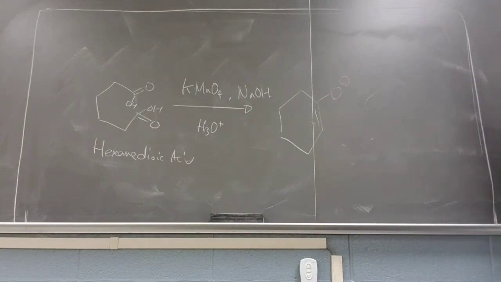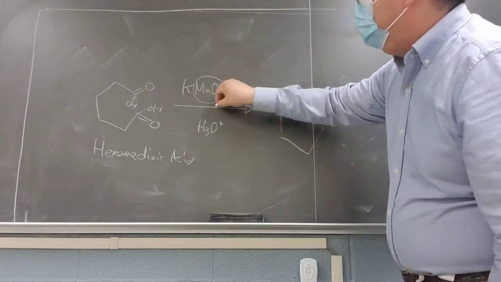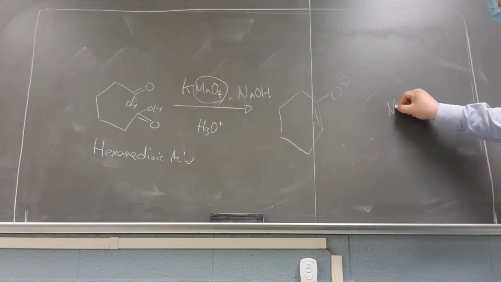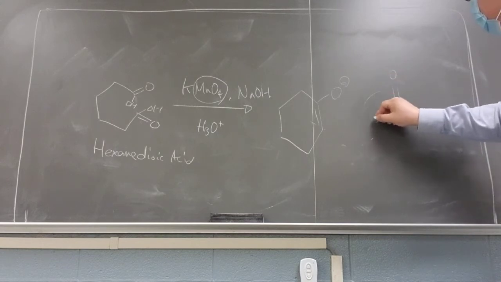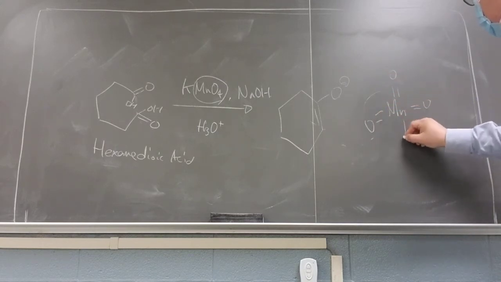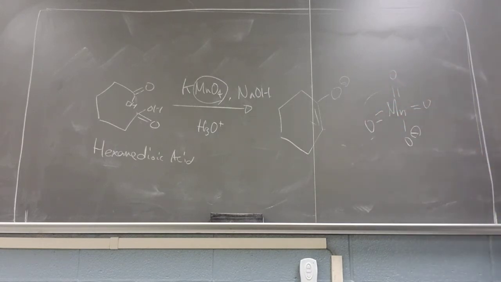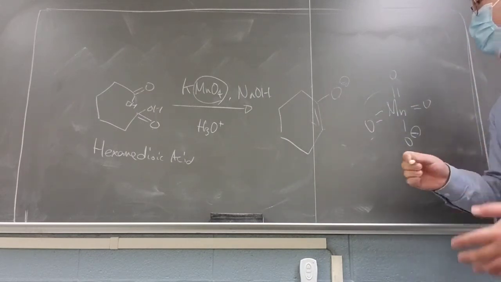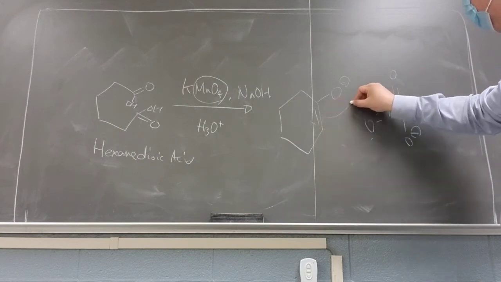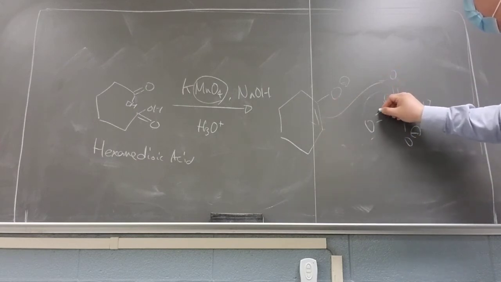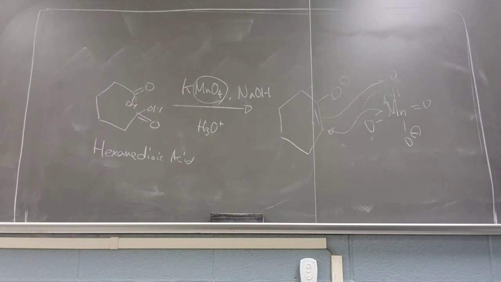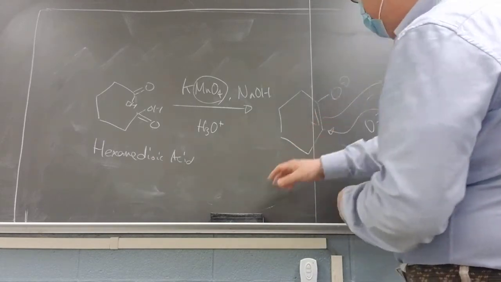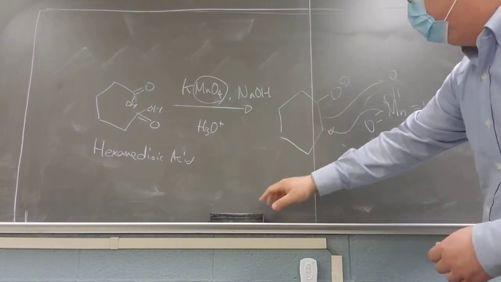Okay. So in this case, you have a permanganate over here. It looks like this. And as we know, the pair of electrons, especially in the p orbital, can easily attack one of these, like this. If that happens, obviously this double bond will be gone, right?